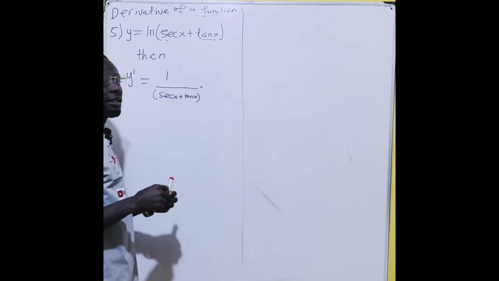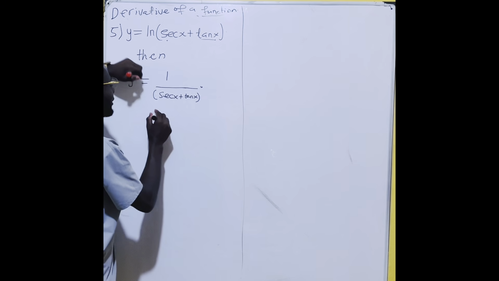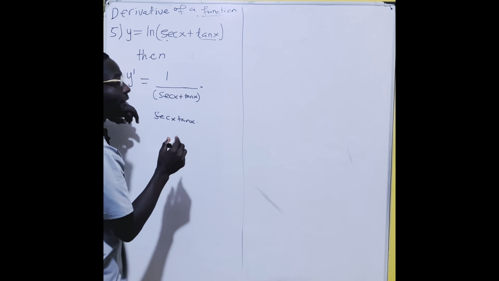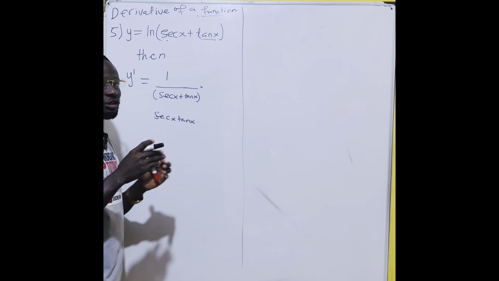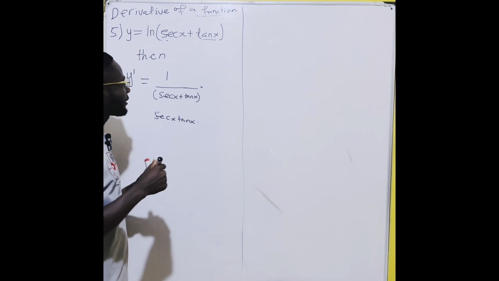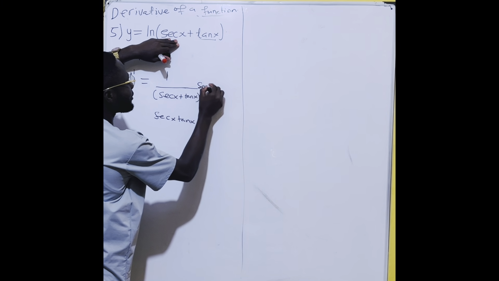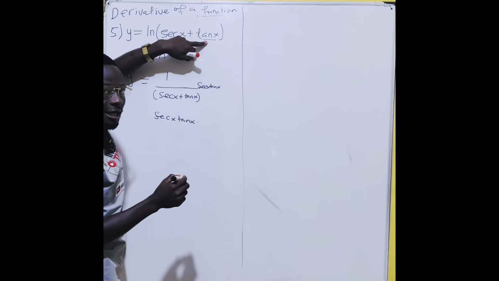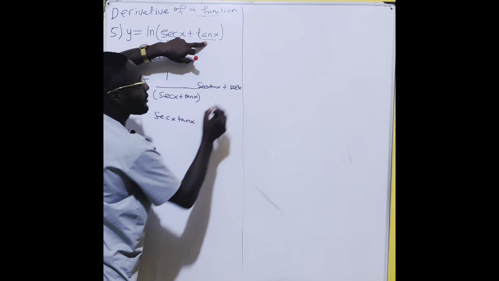And note, the derivative of sec x is sec x tan x. Sec and tan are stuck together; they are always moving hand in hand. And the derivative of tan x is sec squared x.